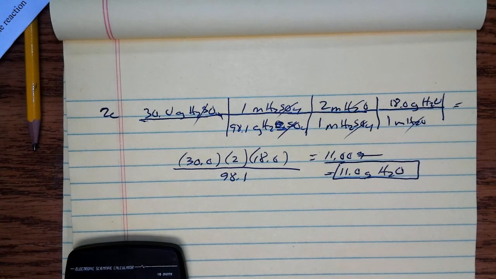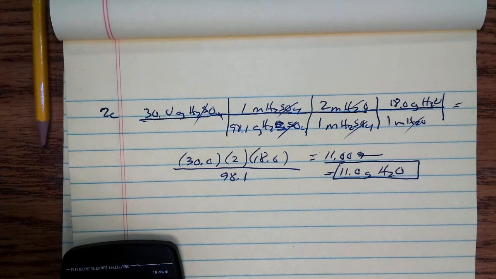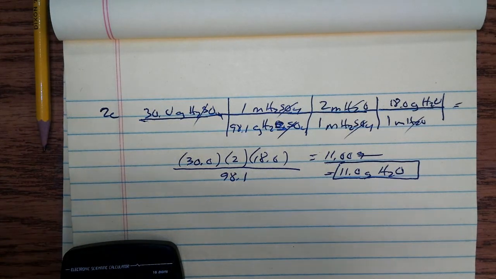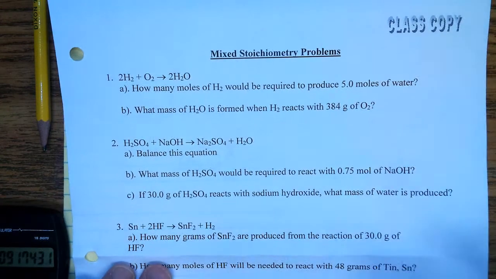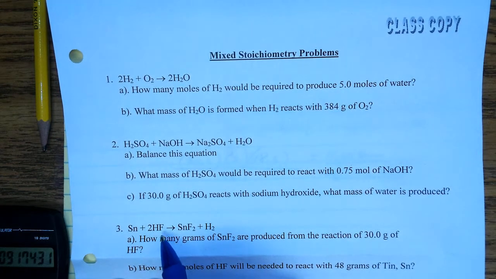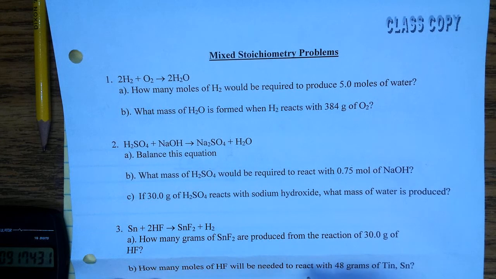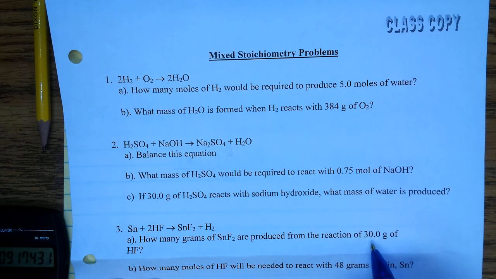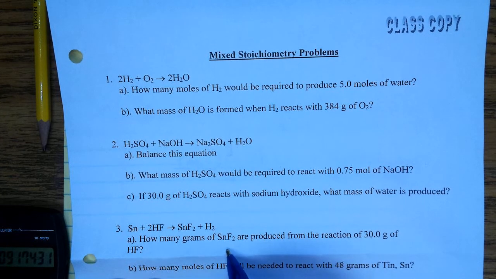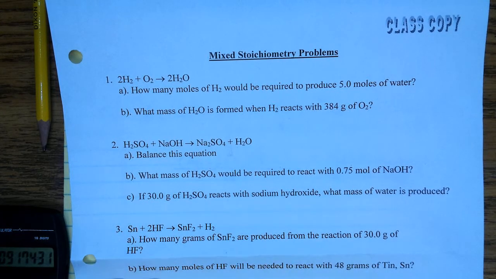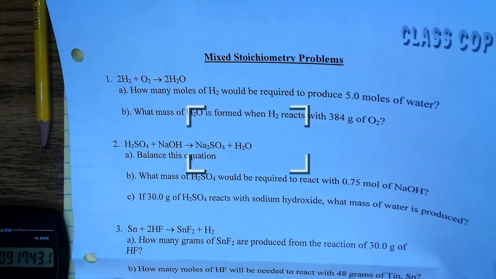All right, let's look at D here. Oh, I'm sorry, we're going to go to problem number 3. Problem number 3, we got tin reacts with hydrogen fluoride to make tin(II) fluoride plus hydrogen gas. So we're just going to start again with 30.0 grams of HF and go to grams of SnF2. Another mass problem.